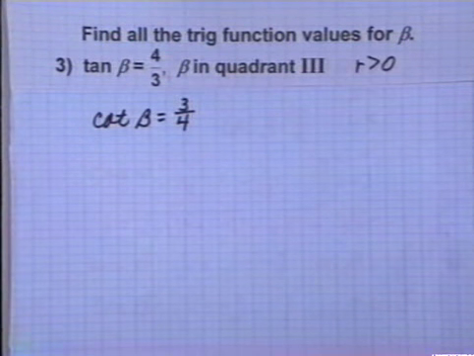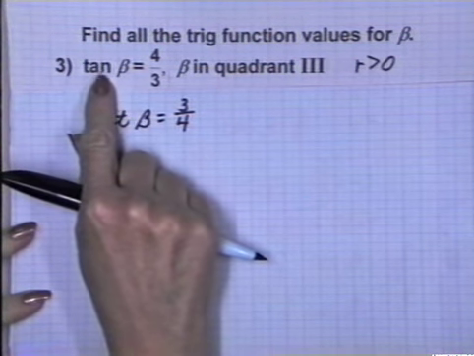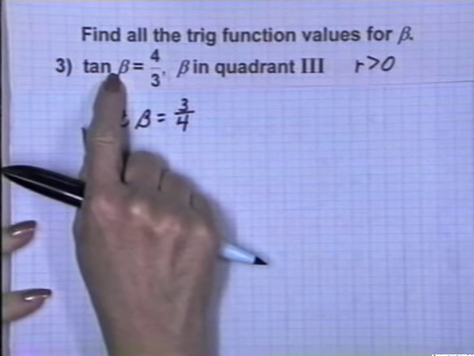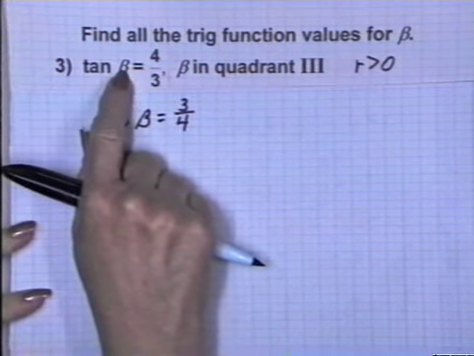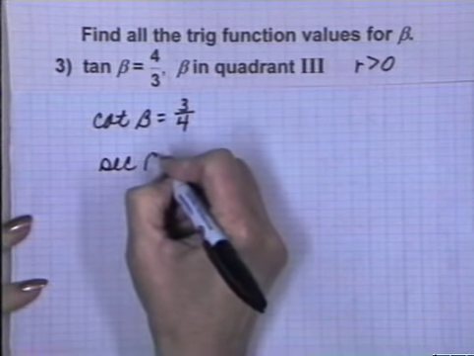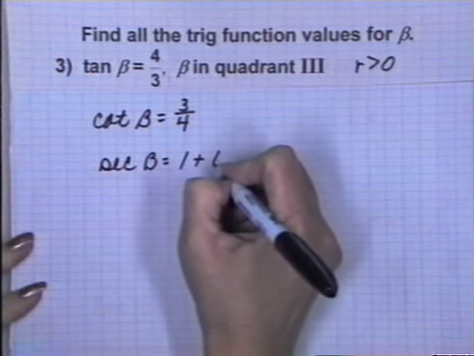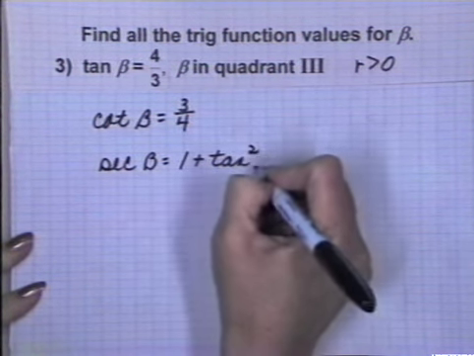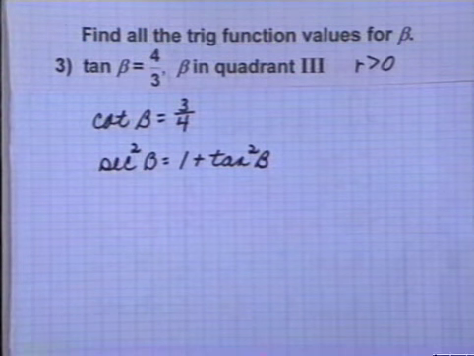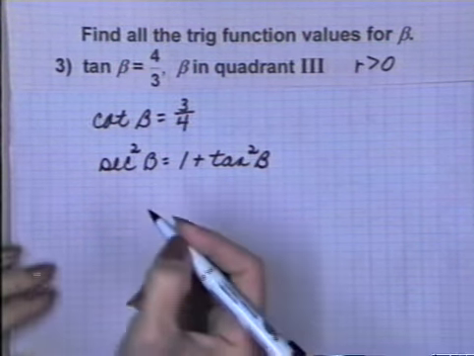Now, the next thing that I will find is the function that is related to the tangent in the Pythagorean identity, and that would be the secant of beta. So since I have the tangent, I can find the secant because I know that the secant squared of beta equals 1 plus tangent squared of beta. I'm dropping my squares today, aren't I?